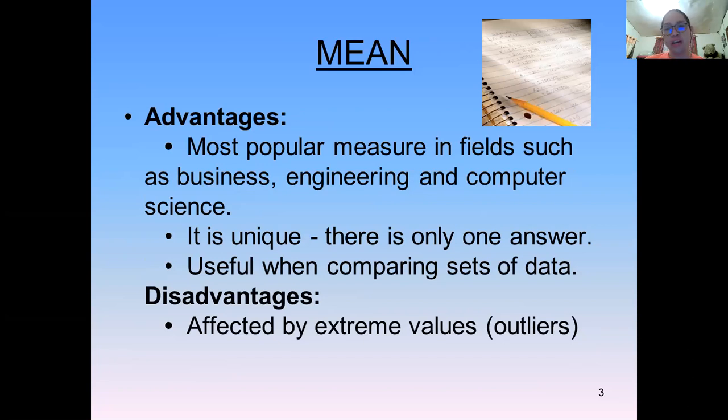So if there are outliers, the mean is not reliable to use, if there is an extreme value that exists in our given set of data.